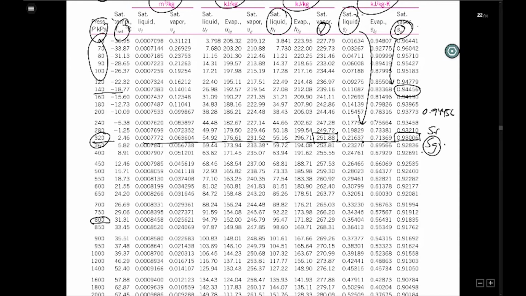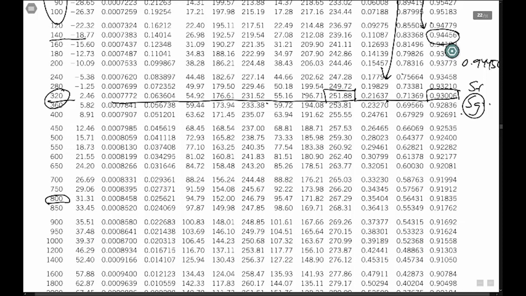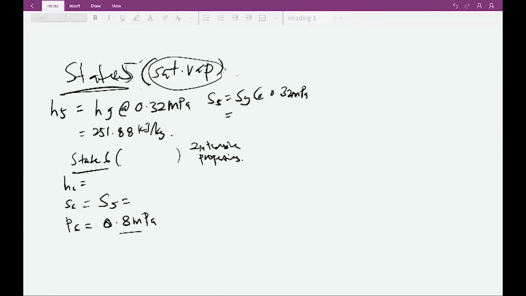This is 800 kPa, which is equal to 0.8 megapascal, and then compare the value of entropy and pressure. S6 equals S5, so this is correct, 0.93006, because we refer to state 5 entropy.